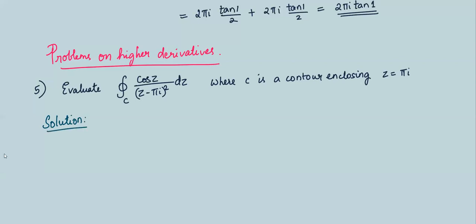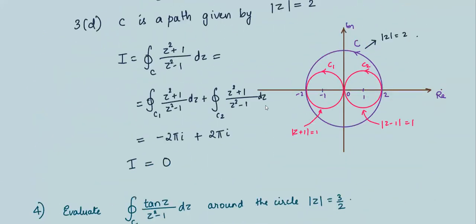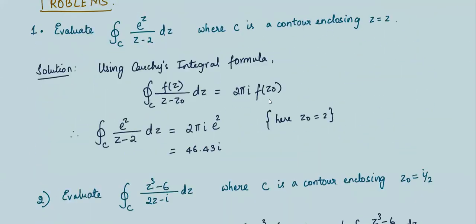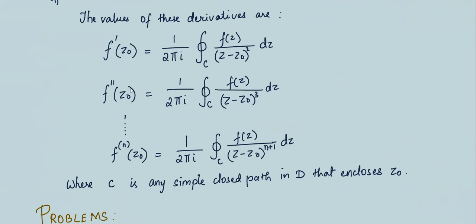So let's look at the solution now. This is 2 pi I times f dash z, because this is square. Look at the formula that we gave today for derivatives: the contour integral of f of z by (z minus z naught) whole square will be 2 pi I times f dash z naught.